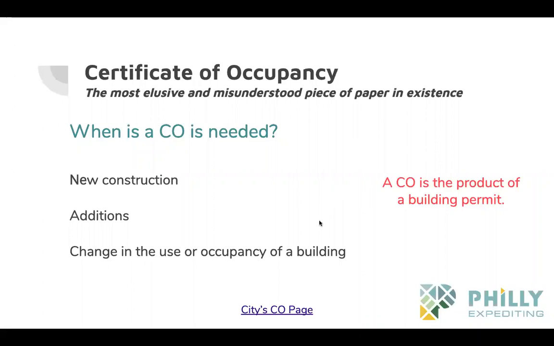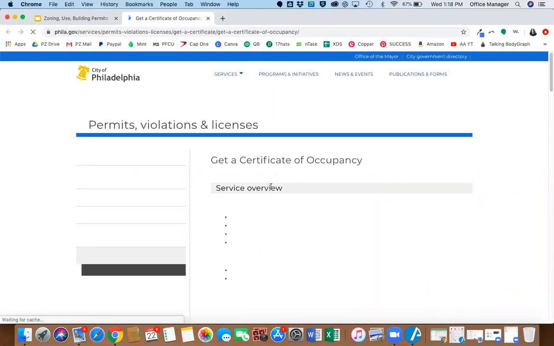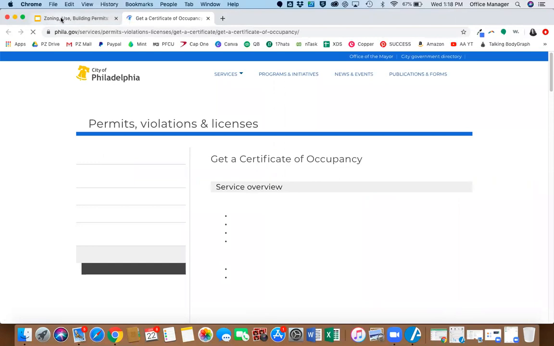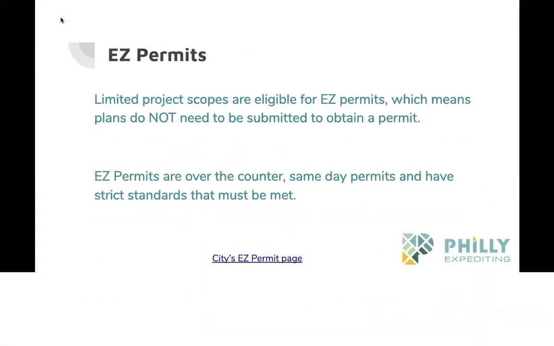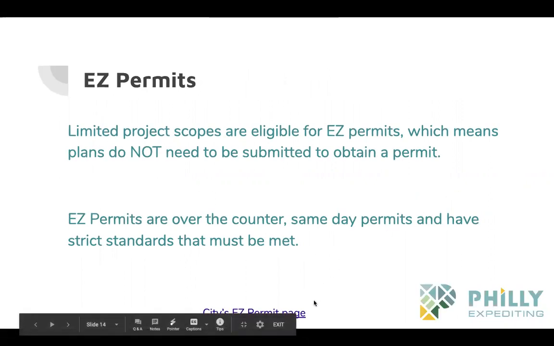Did you guys hear the question? Let's see. It's fine. I'll read it. So they asked, basically, is it a best practice to just apply for an easy permit and see if you can get through? But I don't recommend that. You just want to check the easy permit standards.